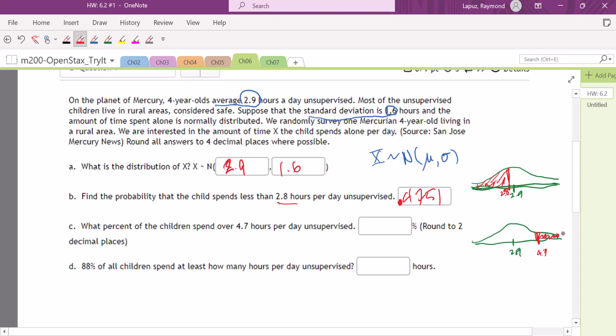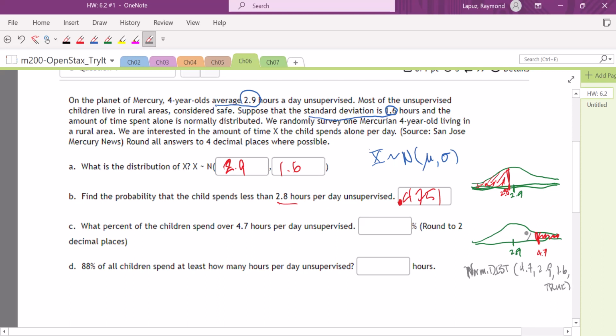And then it's going to be on the right side, so it's the complement of the cumulative distribution. Remember that the norm.dist function takes 4.7, and then 2.9, 1.6, and then cumulative.